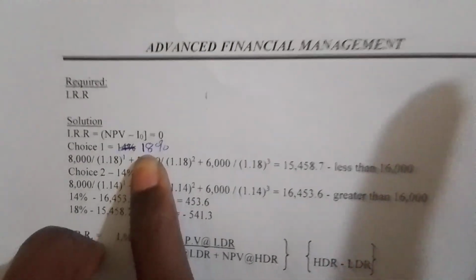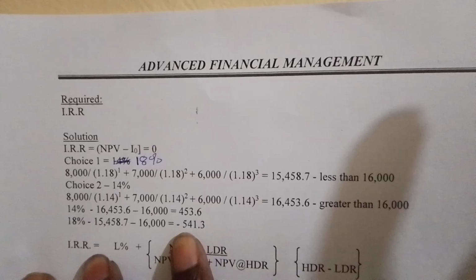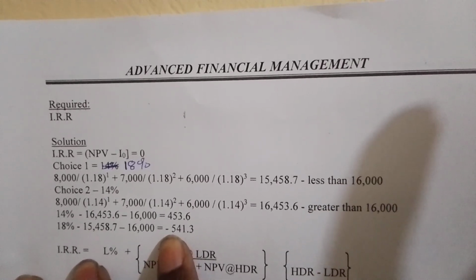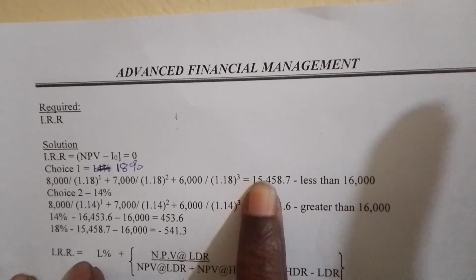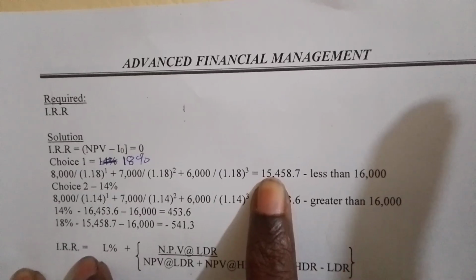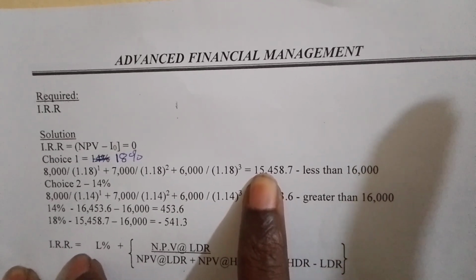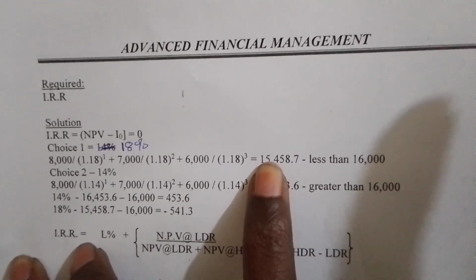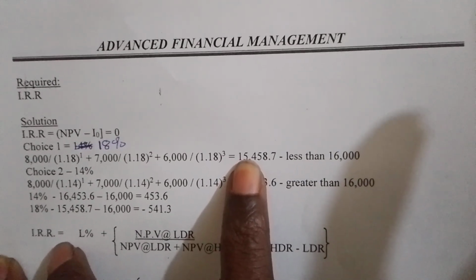So 18% gave me 58.7, and I said that is less than 16,000, because the initial cost is 16,000.